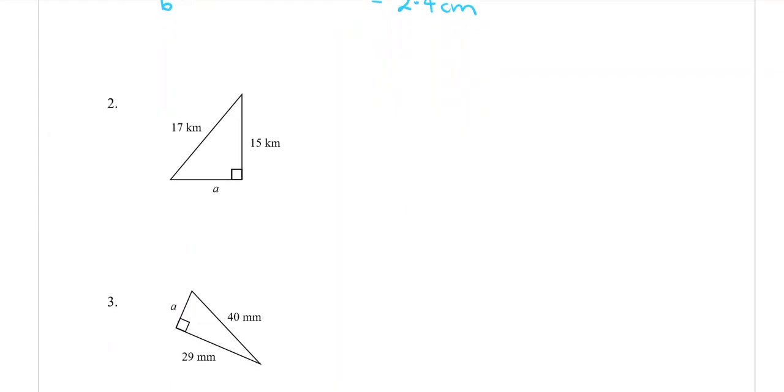Let's do it again. You can see that we're missing a side next to the right angle, so this is a shorter side. The formula is A equals the square root of h squared minus b squared. Okay, subbing in the hypotenuse, the h has to be the big side. Then the shorter side will be the b.